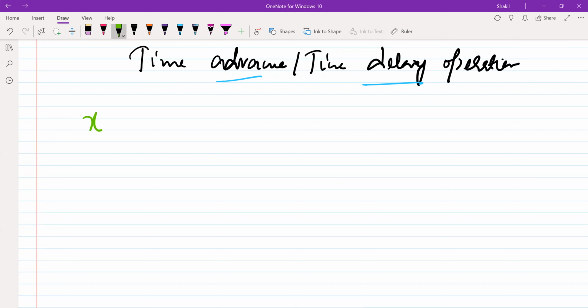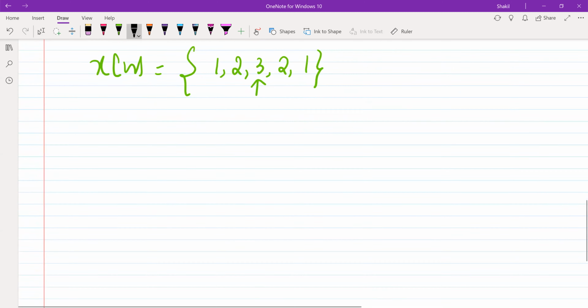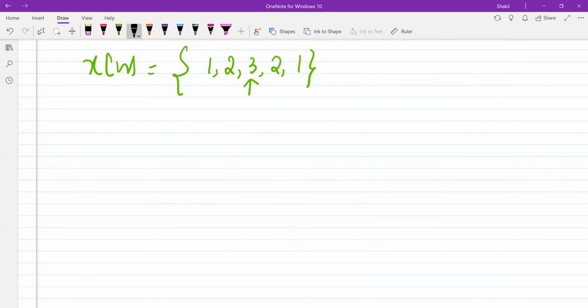Let's suppose x of n is 1, 2, 3, 2, 1, and let's suppose this is my n equal to 0 point, the value 3. If we plot this sequence, this is my x of n. The value of the sequence at n equal to 0 is 3.